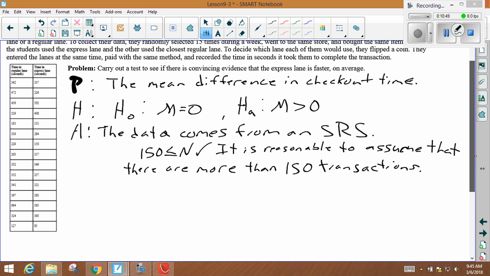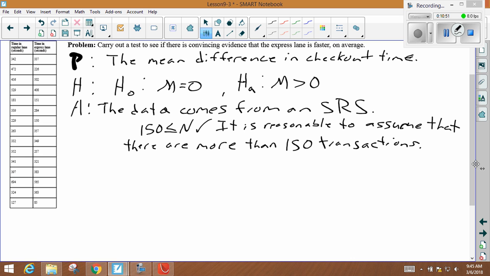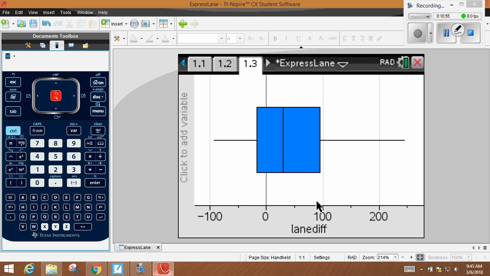Now I'm going to go ahead and copy my box plot. 0, 100.